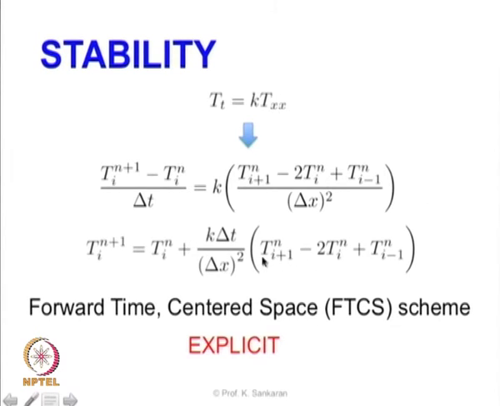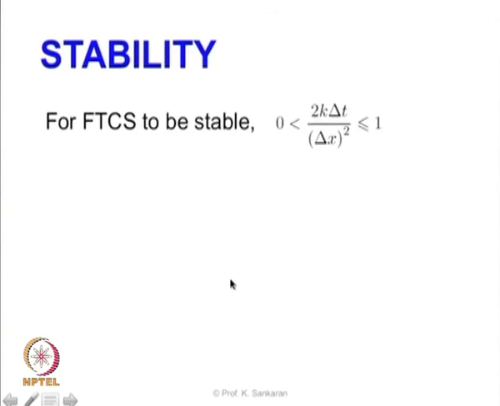In this central differencing algorithm, the center point is the one that has the maximum information contribution, so it is weighted by 2, and we want to make sure the weightage of the central point is what we take into the CFL condition. If we rearrange this and look only at the delta t term, delta t should be less than or equal to delta x square by 2k, and obviously this is only valid for the kind of problem we are looking into.